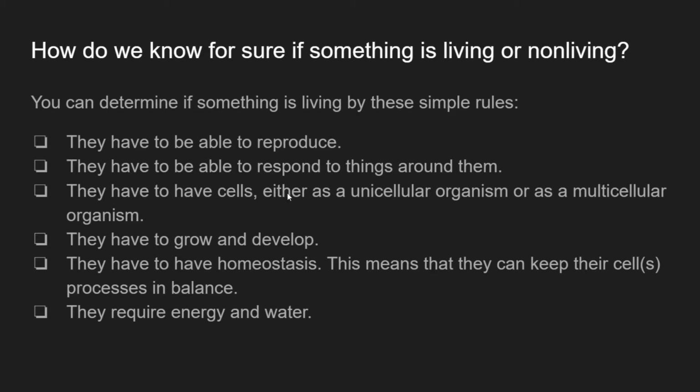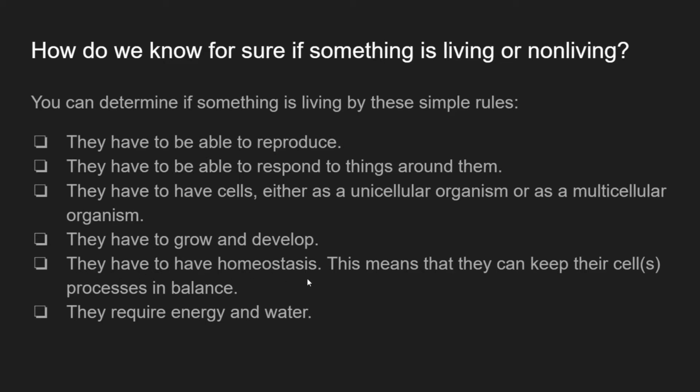They also have to have cells. So either they can have one cell and be a unicellular organism, or they can have many cells and be a multicellular organism. Living things grow and develop. So even if it's just one cell, that cell is going to grow in size and it's going to change over time. Multicellular organisms, organisms with many cells, grow and develop over time.